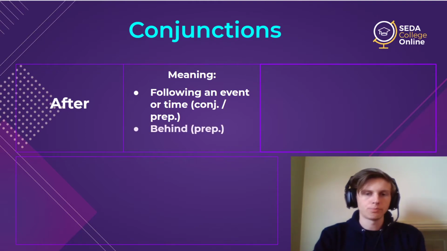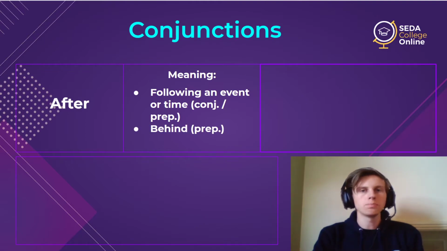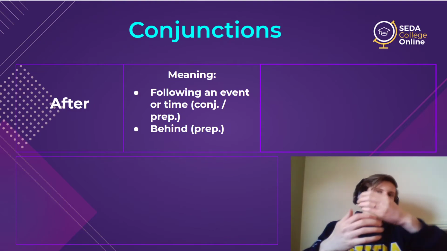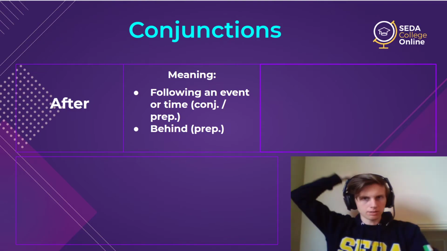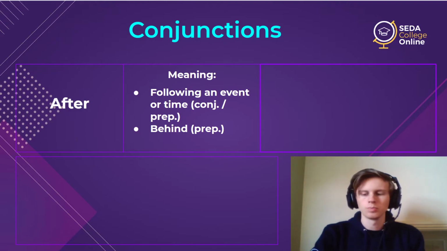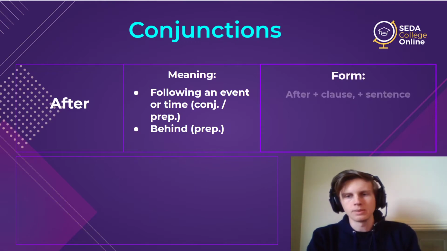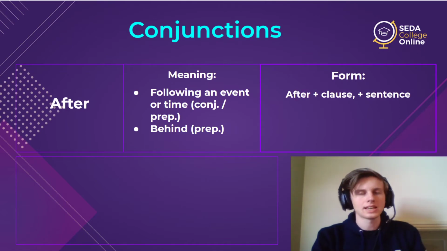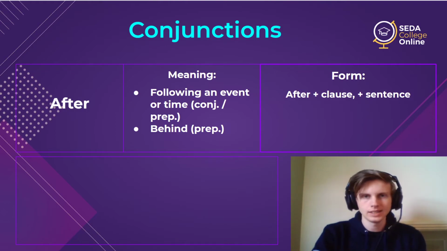But as a preposition only, it can also be about position, like location, and it means behind. So, something behind you is after you. So form, it depends on if it's a conjunction or a preposition. If it's a conjunction, it has the same form as all the others: after clause, comma, sentence.